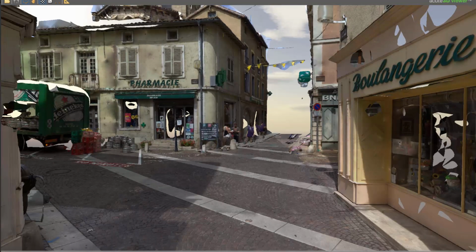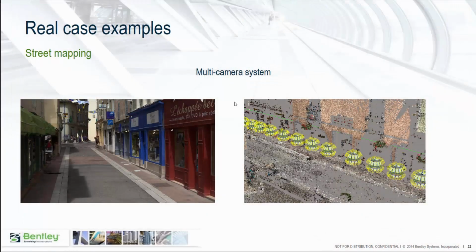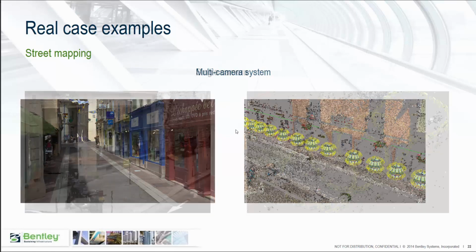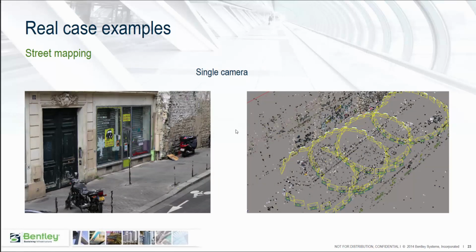Now the last would be a street mapping case, but using a single camera. This is a small test I also did in a street in Paris. The hard thing with street mapping is that you have to capture both the ground and also the facade of the building, and you have a lot of masks from cars, pedestrians, vegetation.